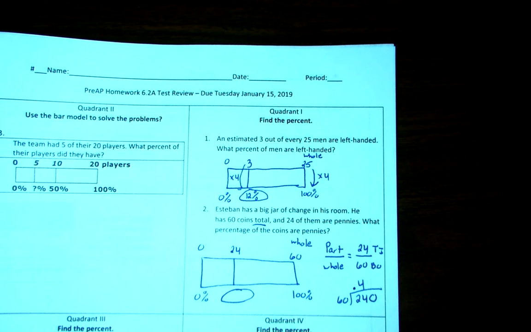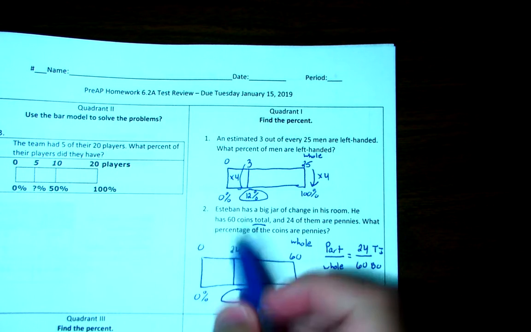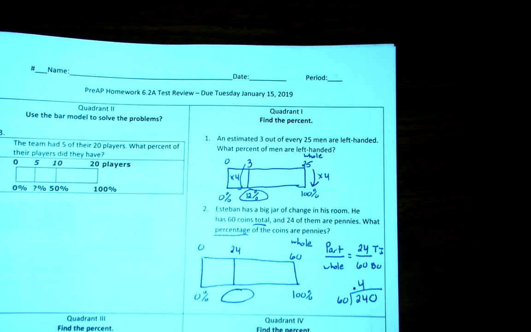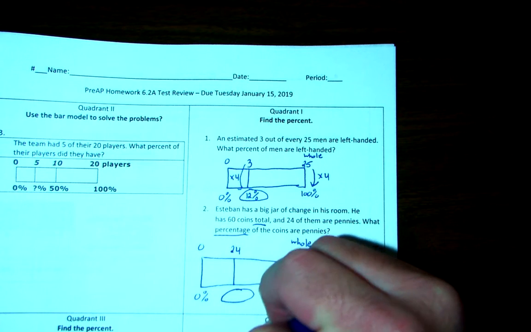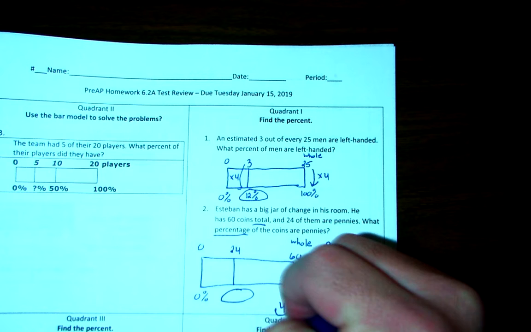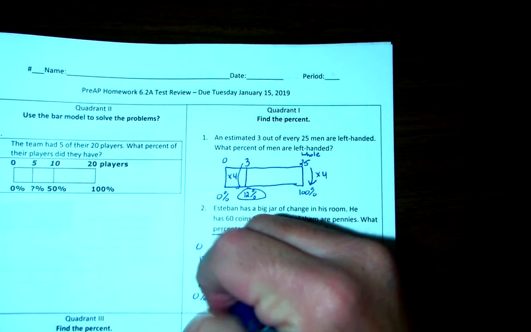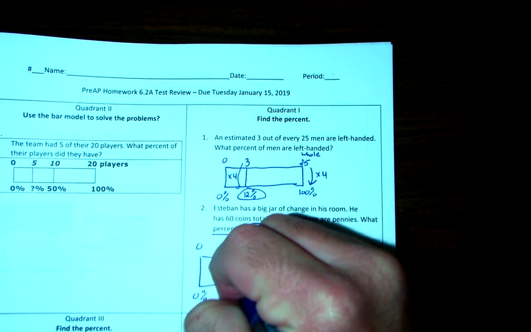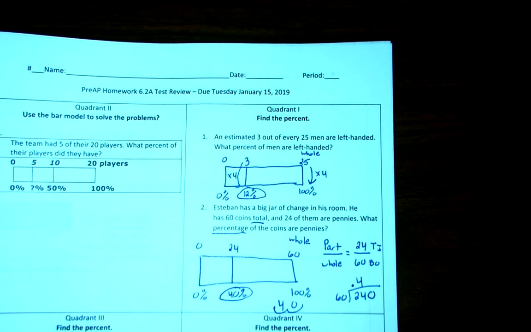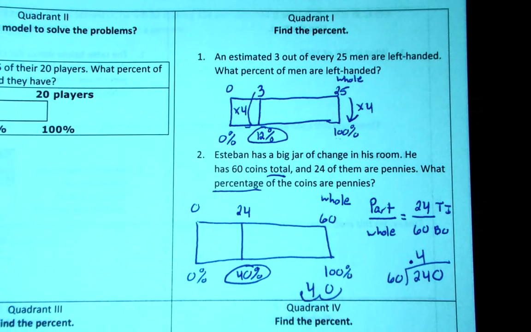So 0.4. Some of you are like, I'm done. And no, you're not, because it says what percentage. So you take your decimal and move it 2 places to the right. 1, 2. Oh, there it is. 40% is your final answer. Nice and easy. Maybe I should zoom in a little bit for you guys. I'll keep this up here for a second.